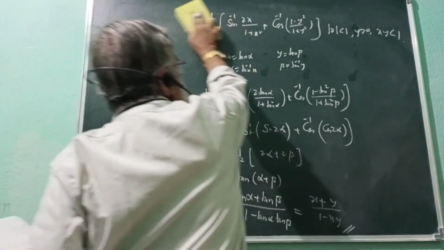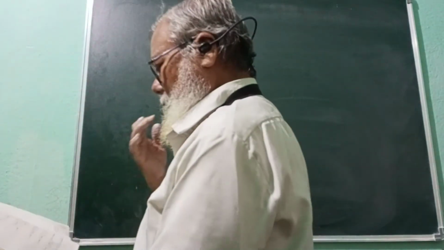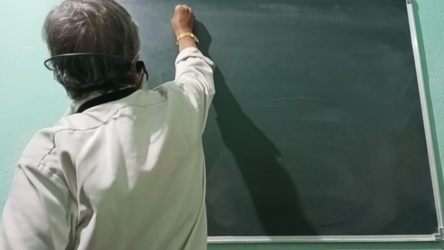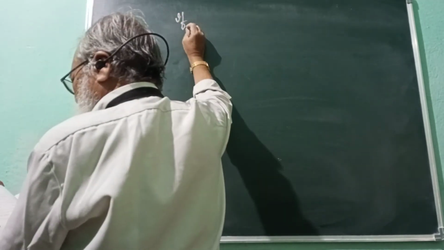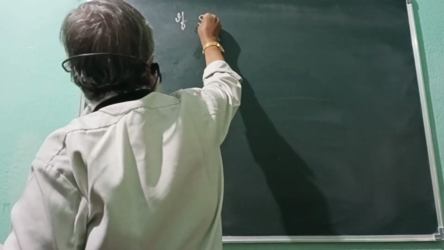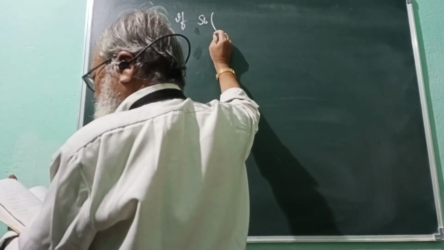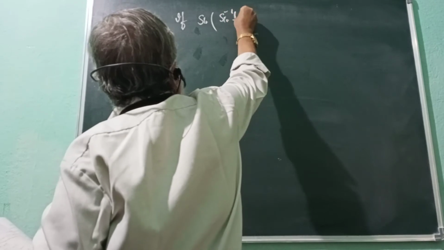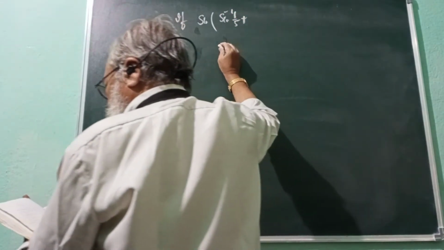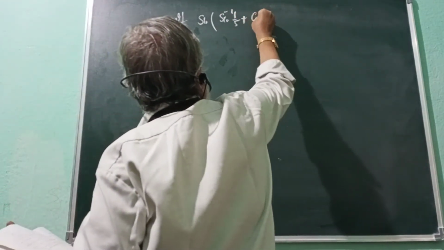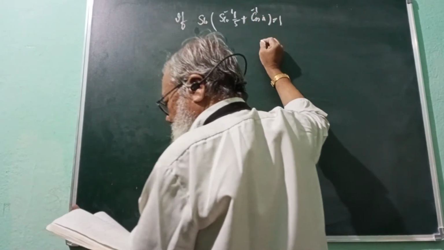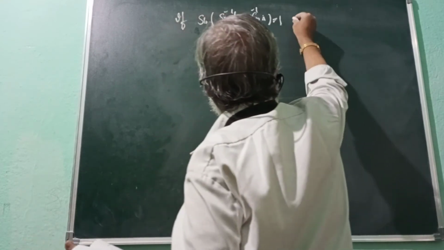Next problem. If sin inverse 1 by 5 plus cos inverse x is equal to 1, then find the value of x.